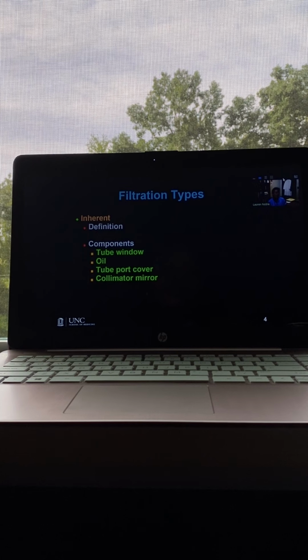What if the bottom part of that glass envelope was made of lead? We wouldn't get any X-rays coming out. So the purpose of the tube window is to allow the X-rays to come out. But since it happens to be in the primary beam, it is going to filter a certain number of those X-rays.